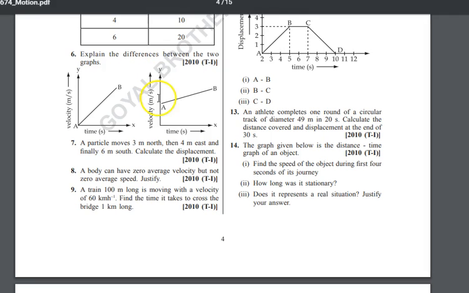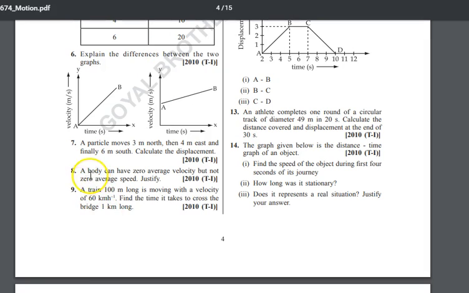Next, a body can have zero average velocity but not zero average speed. Justify. How to answer this?